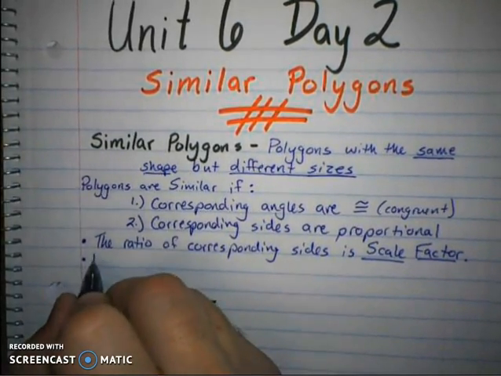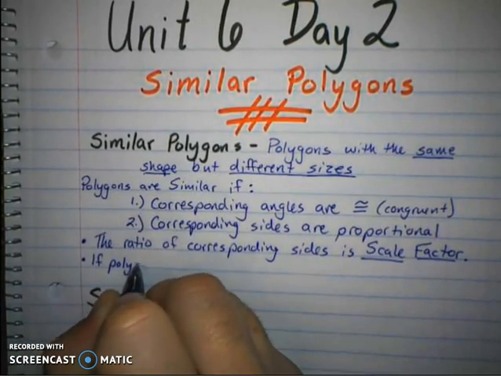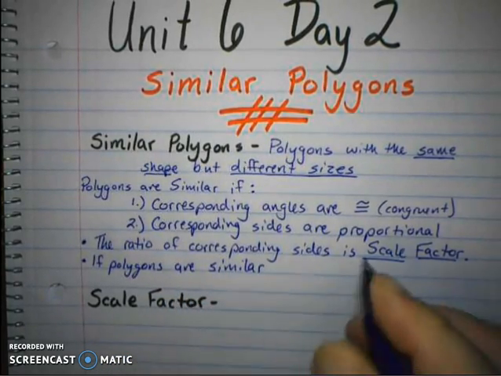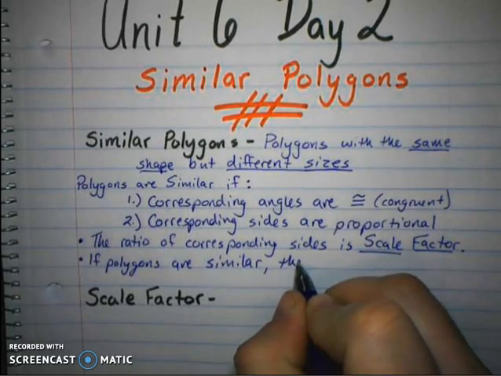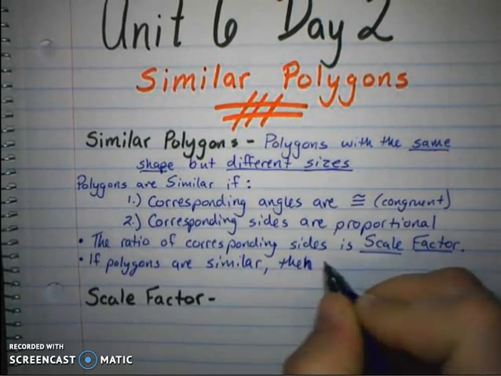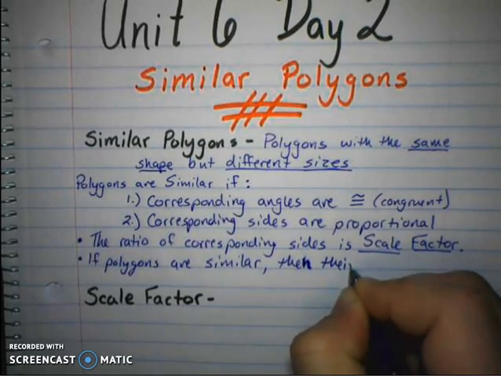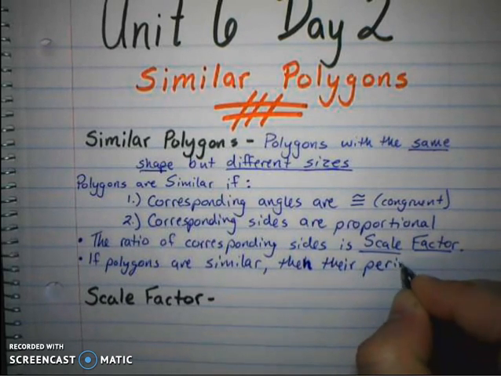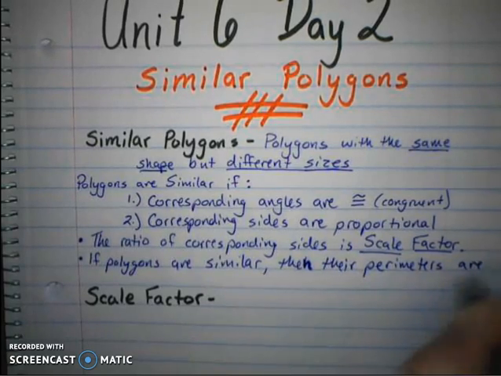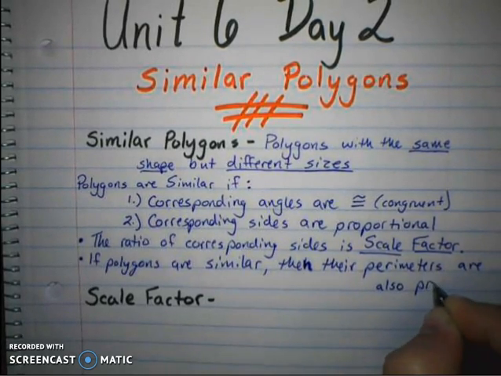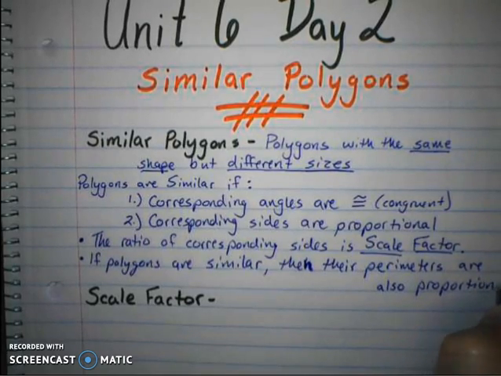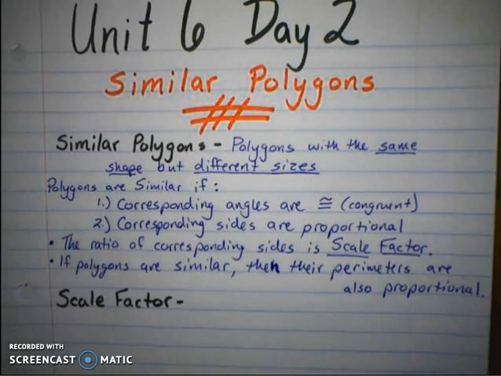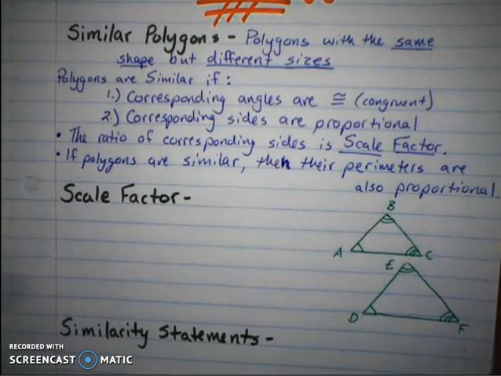And secondly, if polygons are similar, then their perimeters are proportional as well. Okay? All right, and that leads us to talking about scale factor.